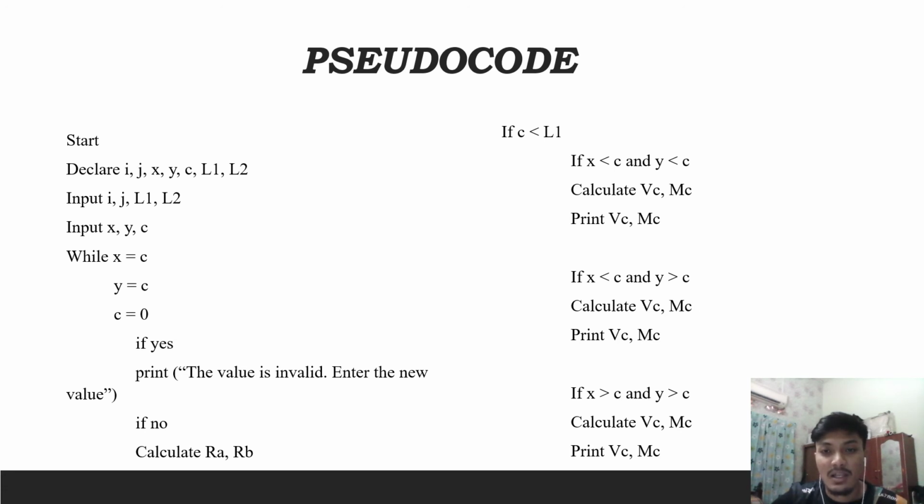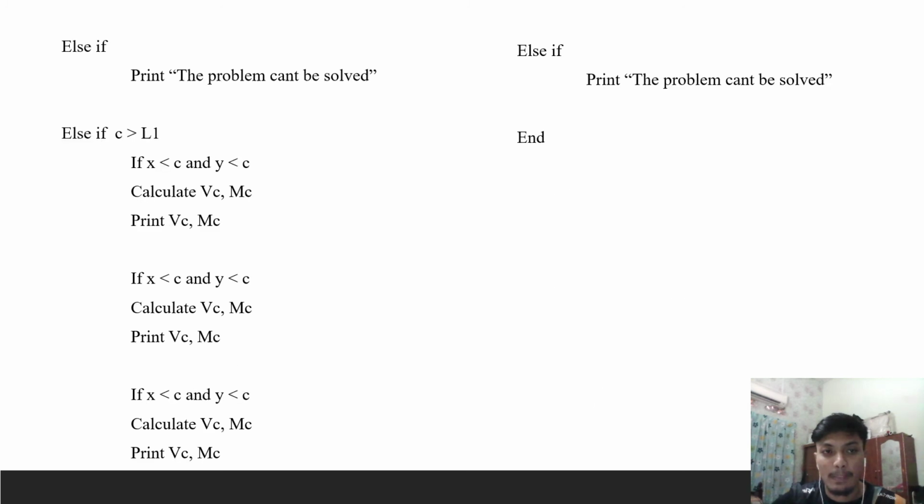If C is less than L1, if X is less than C and Y is less than C, calculate VC, MC, print VC, MC. If X is less than C and Y is more than C, calculate VC, MC, print VC, MC. If X is more than C and Y is more than C, calculate VC, MC, print VC, MC. Else, print the problem can't be solved.